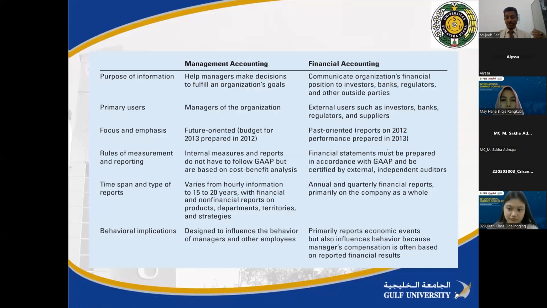Like in Bahrain, they use international financial reporting standards. Actually, more than 120 countries use international financial reporting standards when they prepare financial statements.